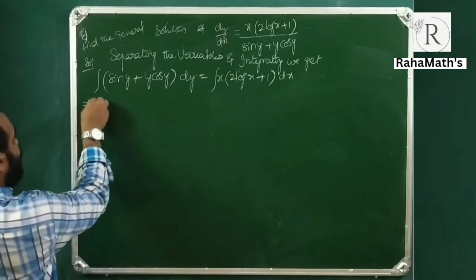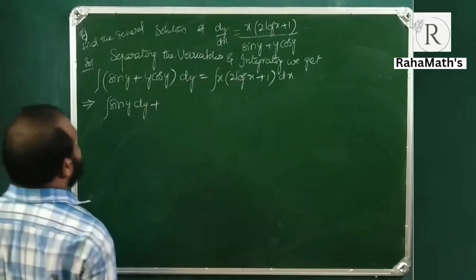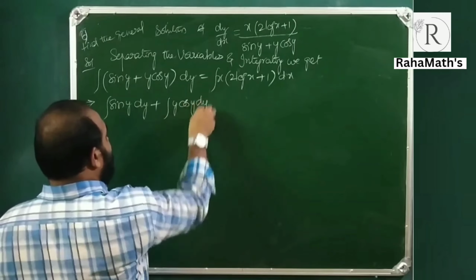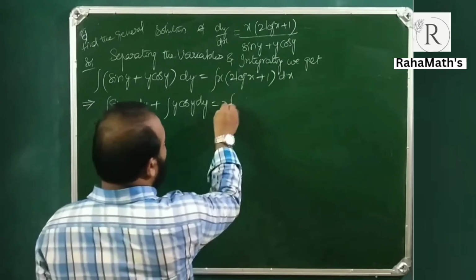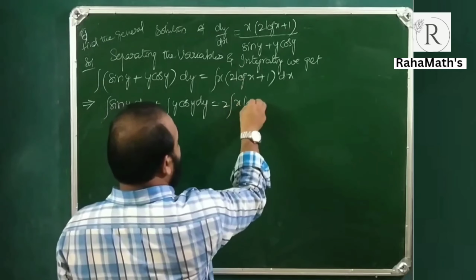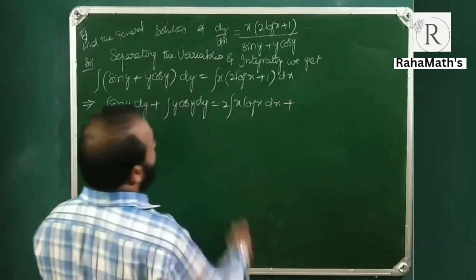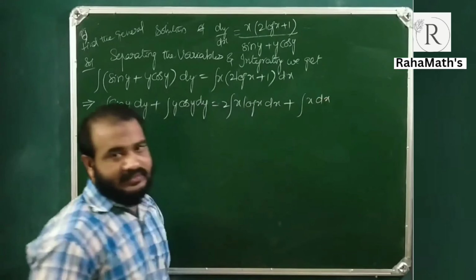Now this is equal to integral sin y dy plus integral y cos y dy is equal to integral 2 into x log x dx plus x into 1, so integral x dx.